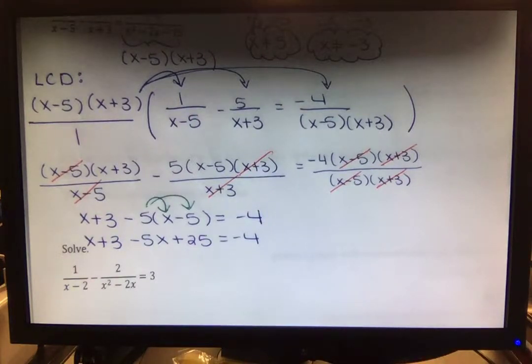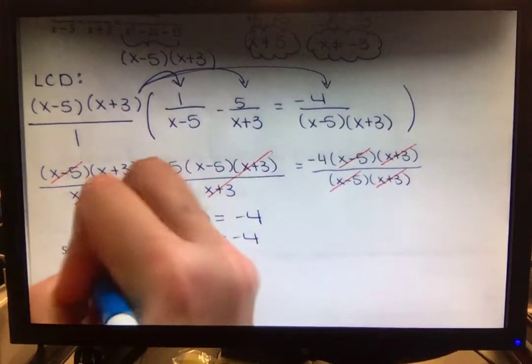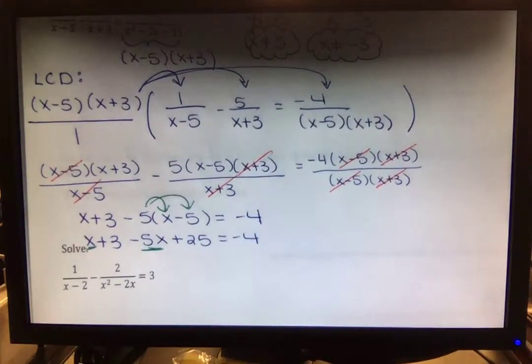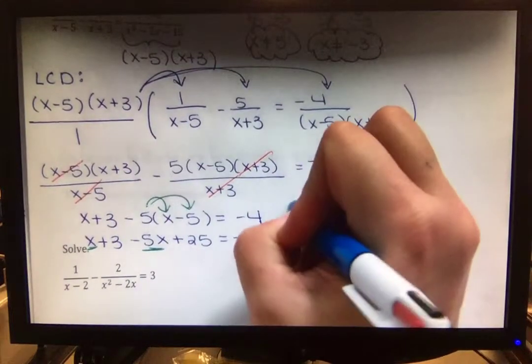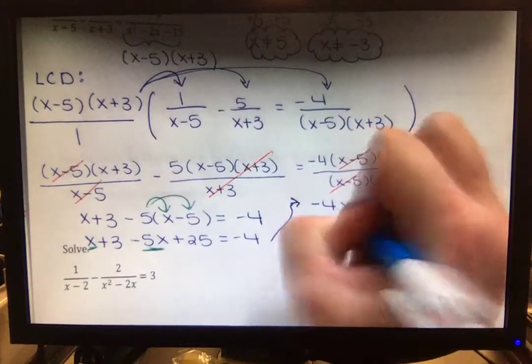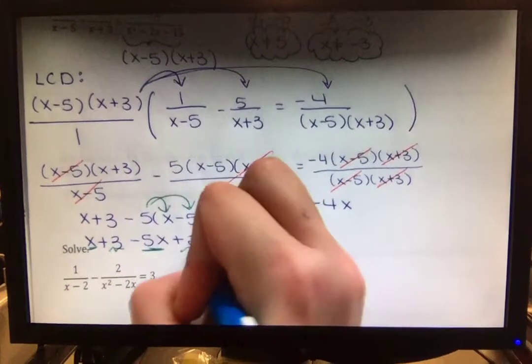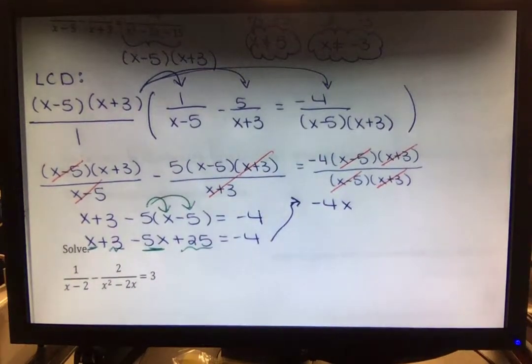Now what? Combine like terms. x minus 5x will give us negative 4x. We also have 3 plus 25. What will that give us? 28.